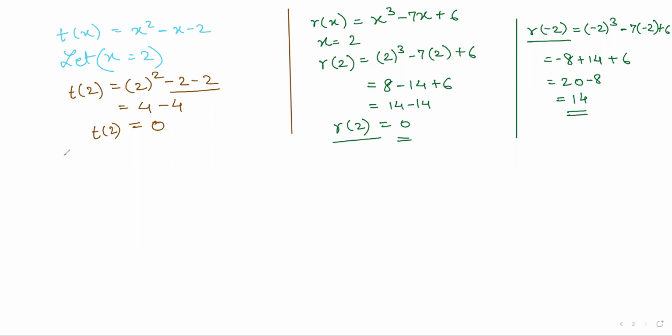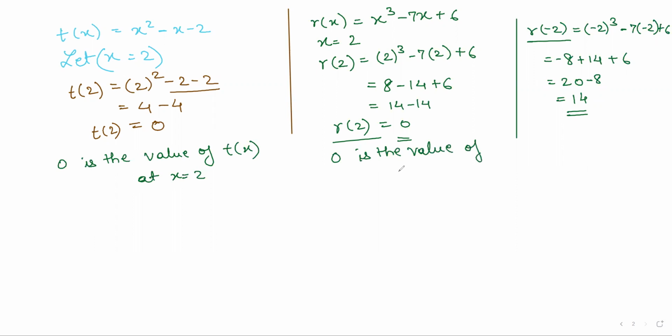Here, 0 is the value of t of x at x equal to 2. 0 is the value of r of x at x equal to 2. 14 is the value of r of x at x equal to minus 2.